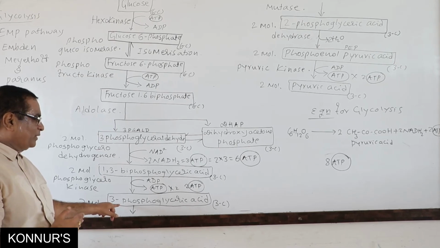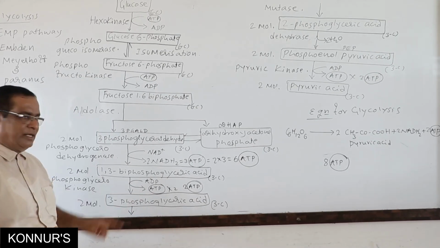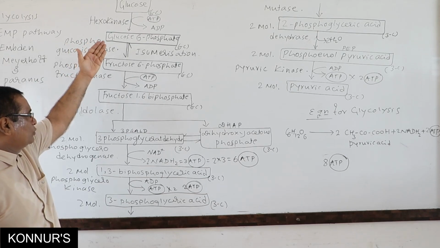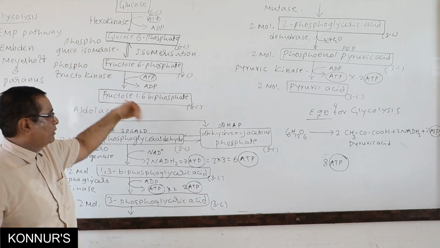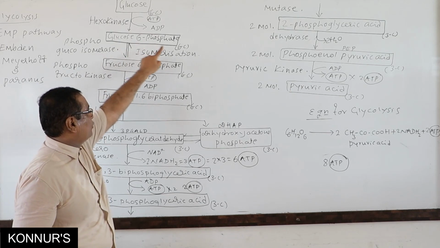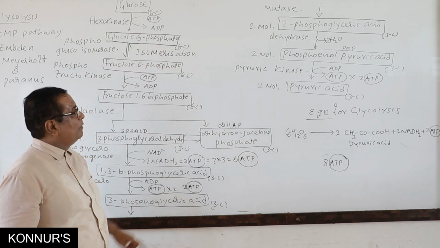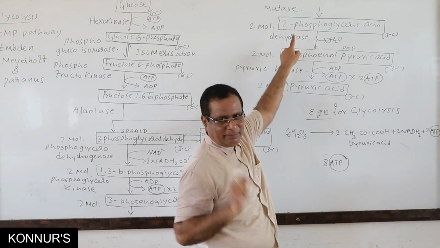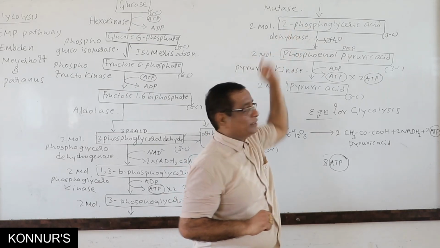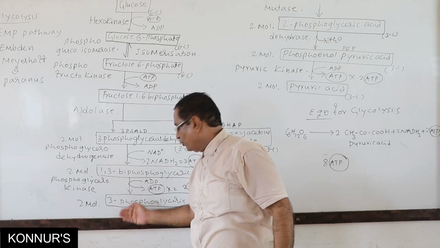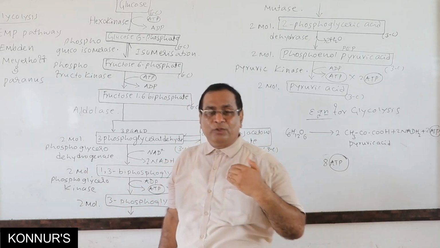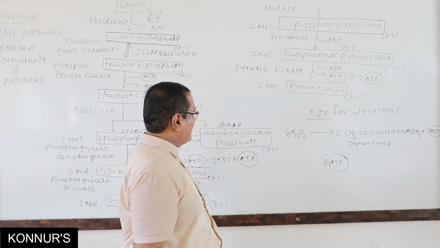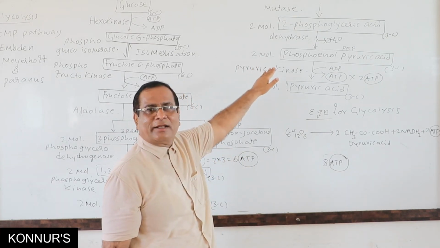How many carbons are there in 3-phosphoglyceric acid? The answer is 3. How many carbons are there in glucose 6-phosphate? 6 carbons. By knowing this only you can tell, but if you answer logically from the name, it's wrong, because it is formed from 3-phosphoglyceric acid by the mutual exchange of the phosphate from the third carbon to the second carbon.